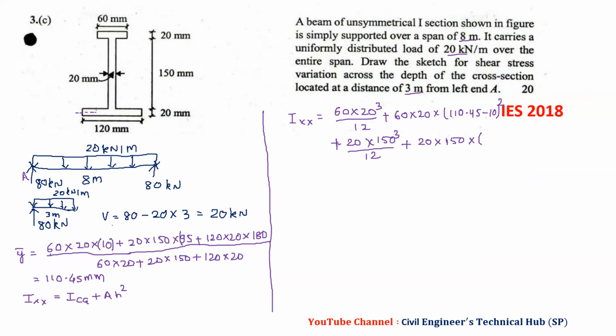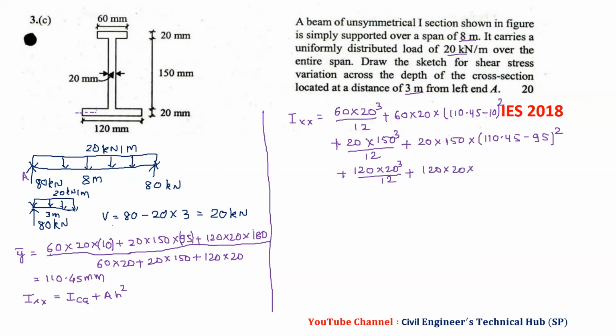This is lesser than y bar, whatever you consider, so 110.45 minus 95 whole square. And plus we have the bottom flange: b 120 into d cube by 12 plus A into h square.